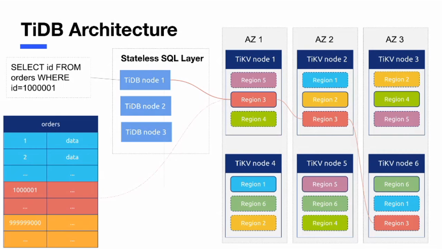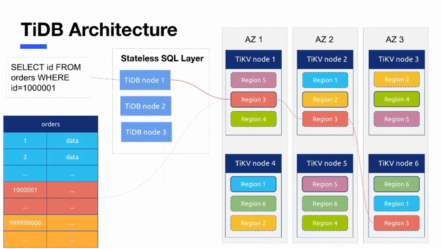So if we send this SQL query to one of the SQL nodes, in this case we're sending it to TiDB node 1. This knows which ID is in which region, because this is being cached, because this is coming from the placement driver. So it knows that for this specific ID, it needs to contact region 3. And region 3 is on TiDB node 1.